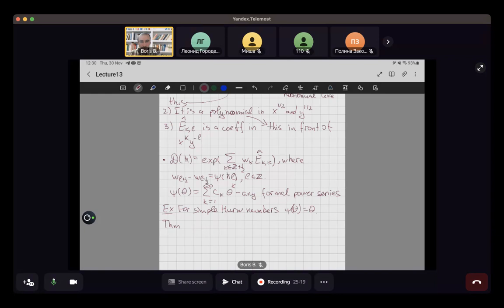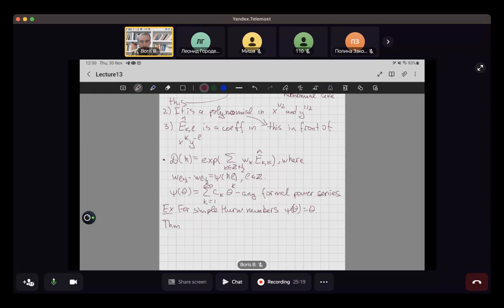And now we know how to rewrite this z in terms of operators in the Fock space and this vacuum and covacuum vectors. We already know how curly D acts, this expression.